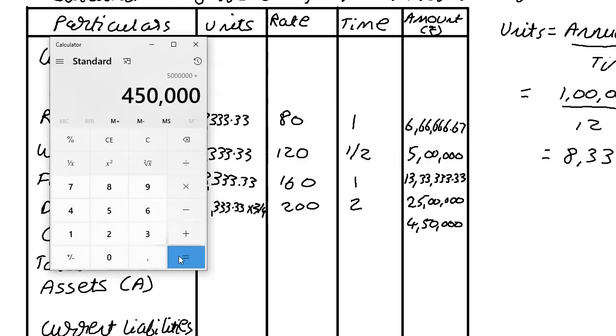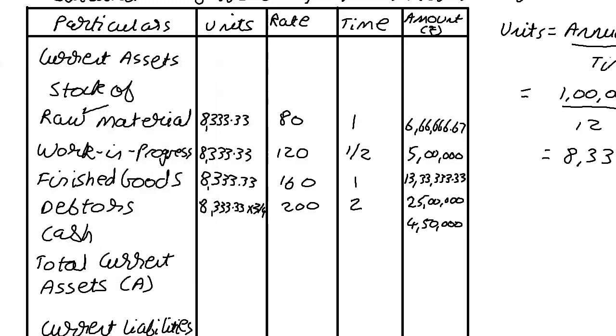Okay, remember we already started with 25 lakhs. So we end up with 54,50,000. 54 lakh. Okay, and you have to have your bearings right. So this is cash. This is going to be current assets. Okay, so 54 lakh, 50,000.